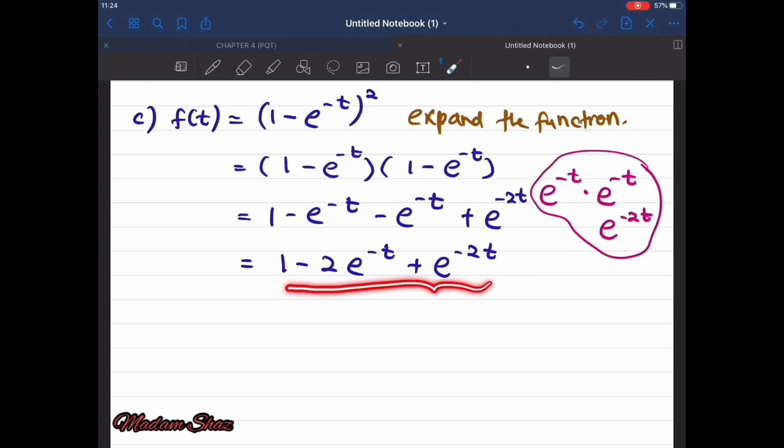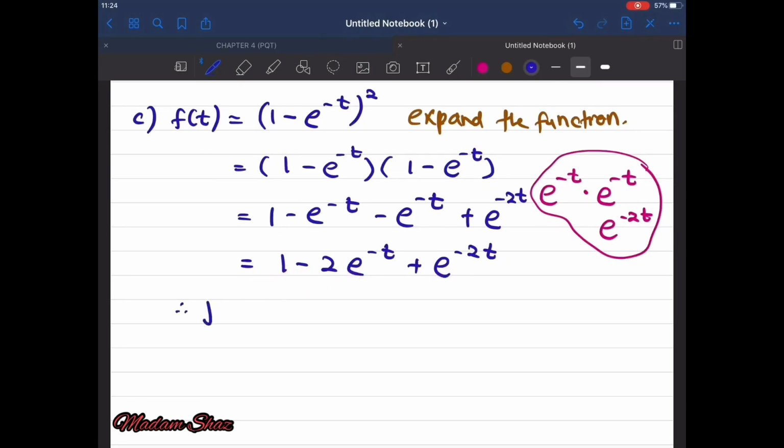In this step, we only expand the function. We are not finding the Laplace transform yet. So now how to find the Laplace transform? You have to write the notation of the Laplace for every single term. You have 1, 2 and 3 terms here.